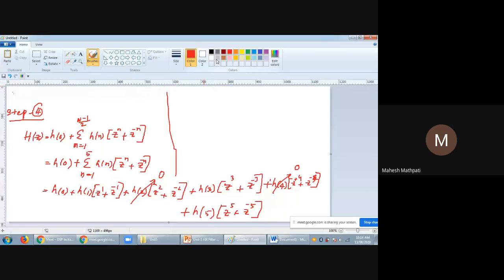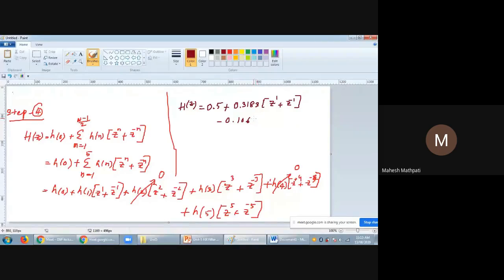Here h of z equals to, can anyone tell me what I can write? h of 0 is 1/2, let us write it as 0.5, plus h of 1 is 0.318, multiplied by z power 1 plus z power minus 1. Then h of 3 value is minus 0.106.